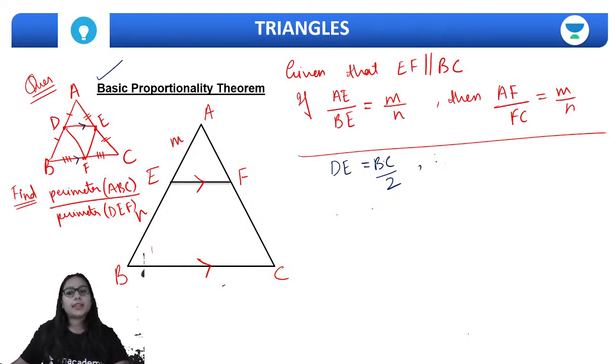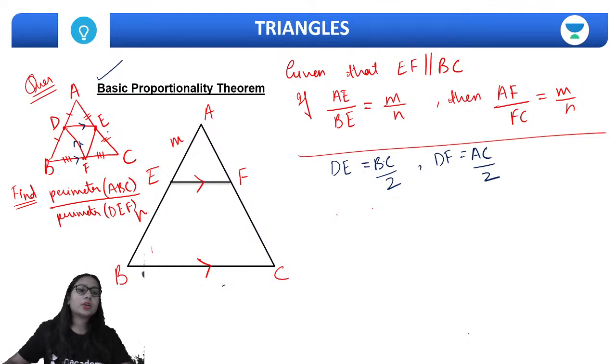Also, I can write DF is equal to AC by 2, because these lines are also parallel to each other. Similarly, EF is equal to AB by 2, because this is parallel to this line.